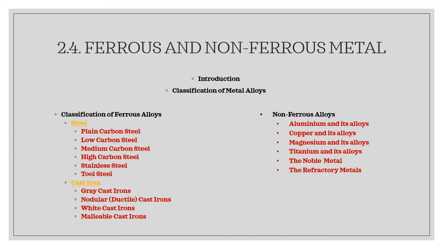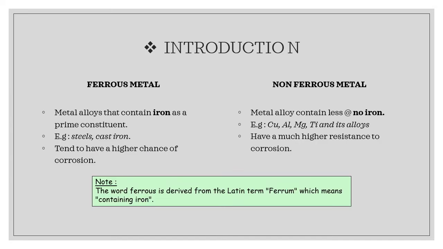We shall learn about some introduction, and the classification of metal alloys, which are ferrous and non-ferrous alloys. For an introduction, there are two types of metal, which are ferrous and non-ferrous. Ferrous metal basically contains iron as the prime constituent.